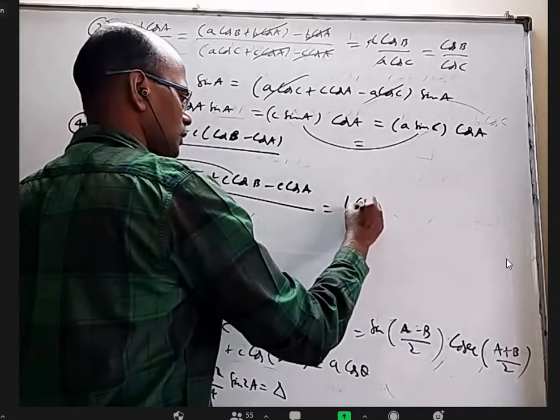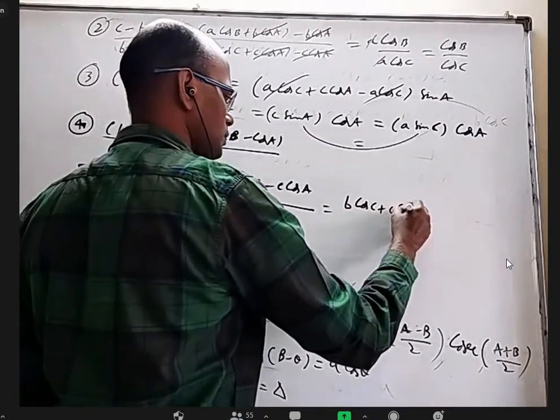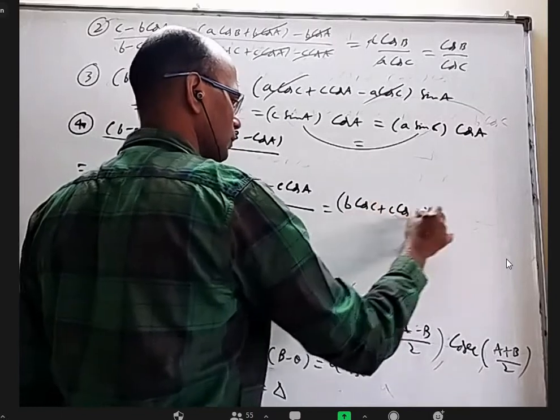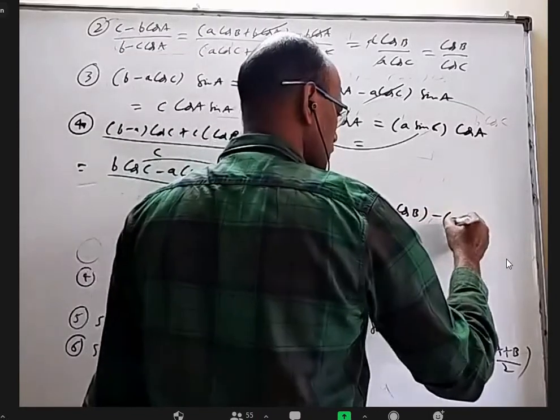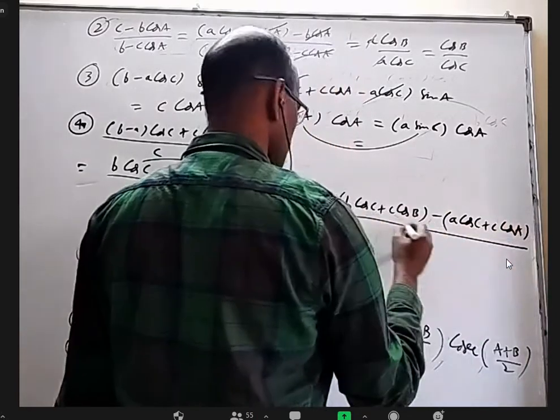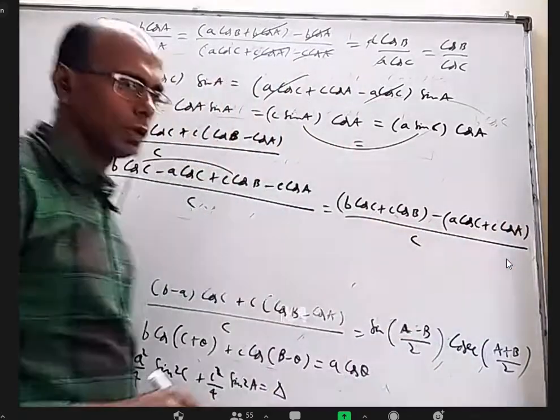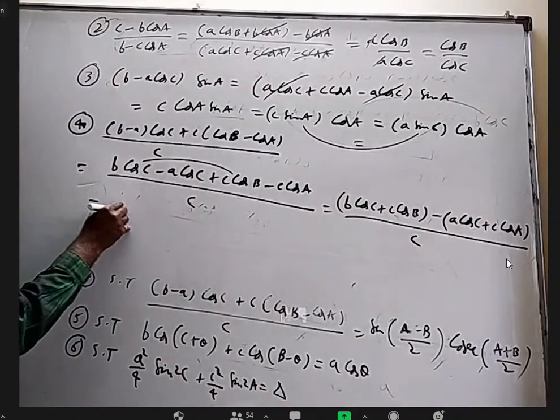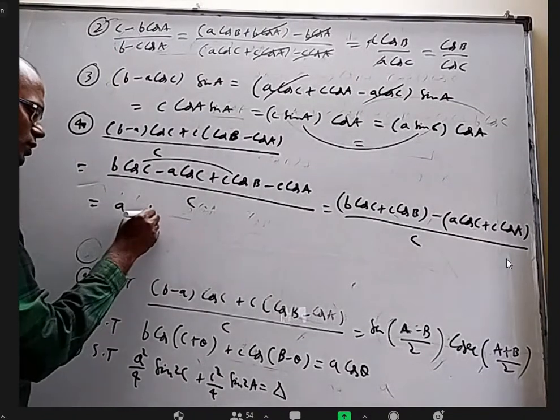It is (B cos C plus C cos B) minus (A cos C plus C cos B) by C. B cos C plus C cos B is A and A cos C plus C cos A is B by C.